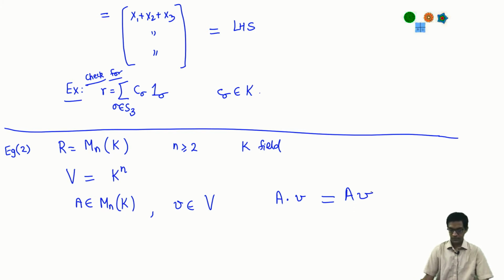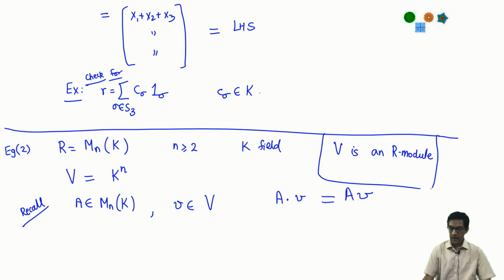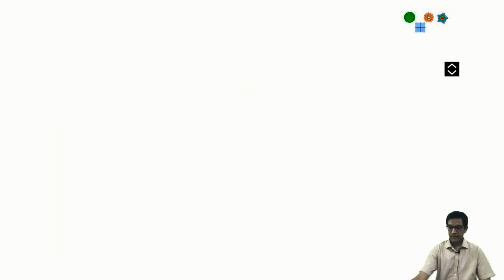I'm just recalling for you the scalar multiplication on this module V by elements of R. So again V is an R module. Look back on the previous lectures to recall precisely how this became a module. But for now I am interested in figuring out what homomorphisms look like.